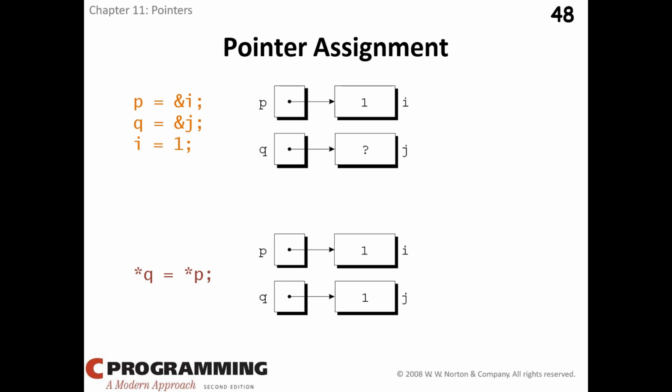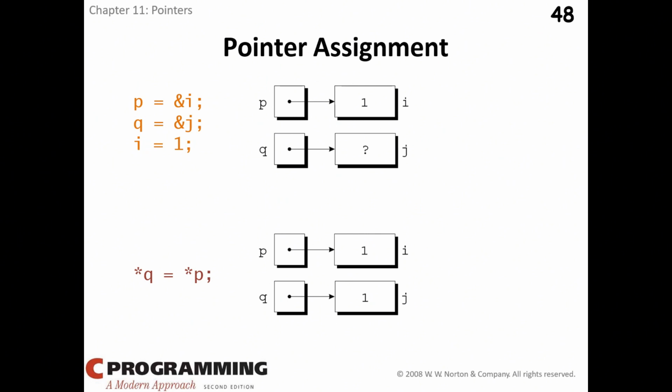And then i = 1 sets the value of variable i to 1. And then finally, *q = *p dereferences both pointers p and q, meaning it accesses the values stored at the memory locations they point to. It assigns the value stored at the memory location pointed to by p to the memory location pointed to by q.